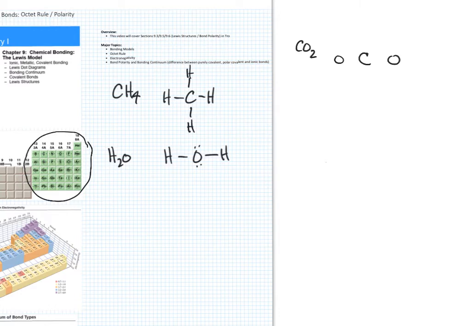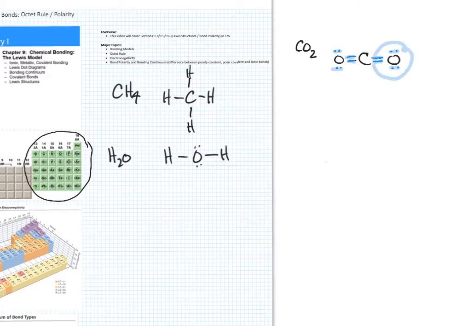So for carbon dioxide, we can create an octet by creating a double bonded pair of atoms to the carbon. And if you count them, we have 2, 4, 6, 8 around one of the oxygens, 2, 4, 6, 8 around the other oxygen.